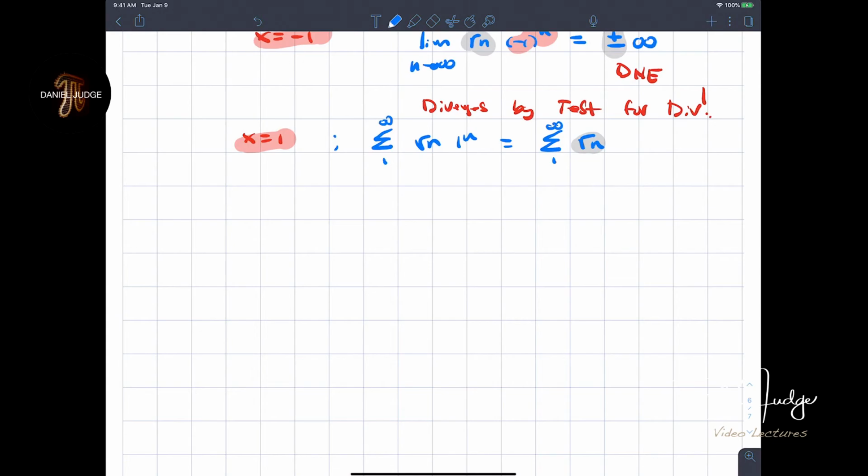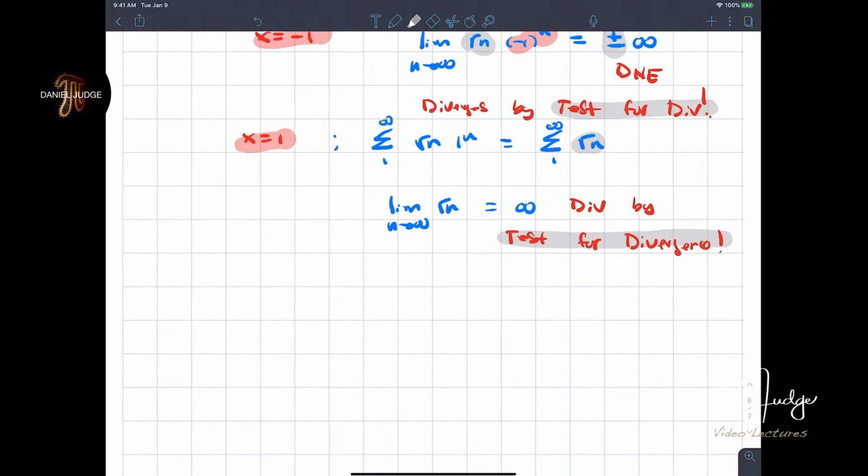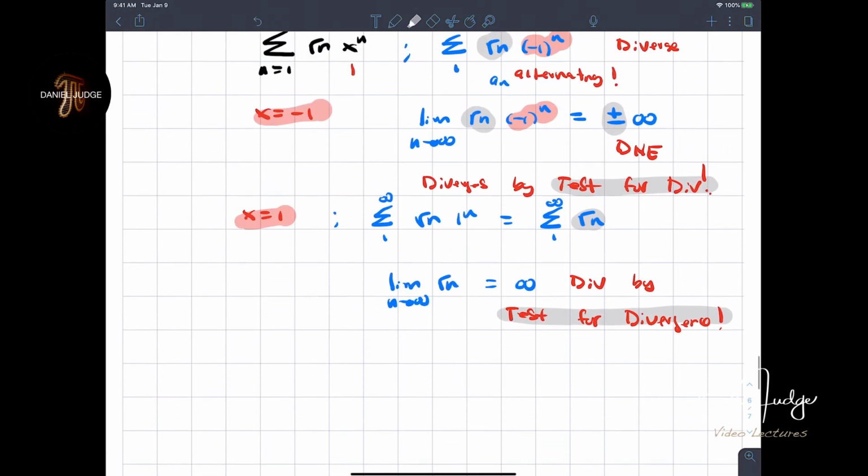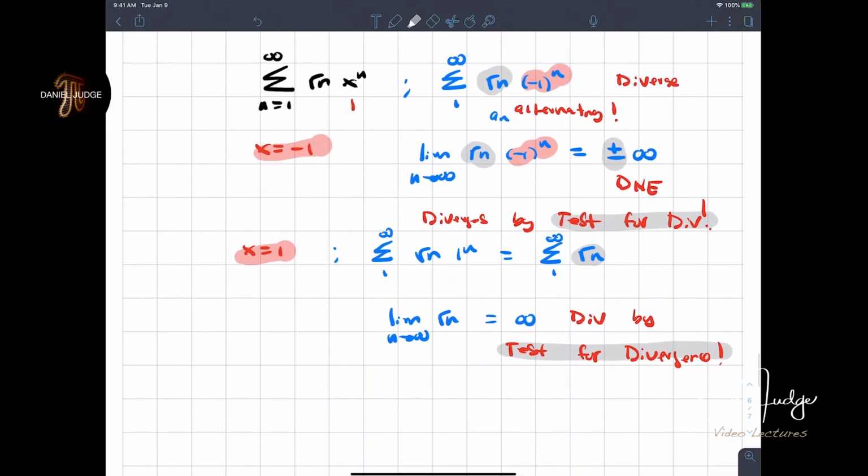So what's the limit of the square root of n as n gets big? Well, that's infinity. And you say, what does that mean? Well, that means it diverges by the test for divergence. So that divergence test, ladies and gentlemen, is a very important test. It's something you want to know. It shows up here in these kind of questions.